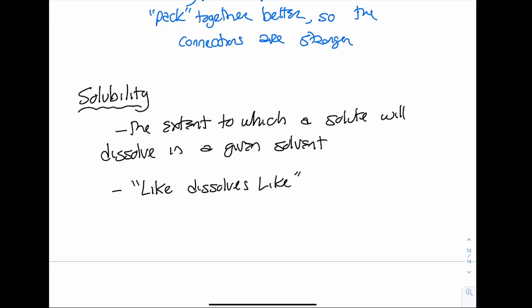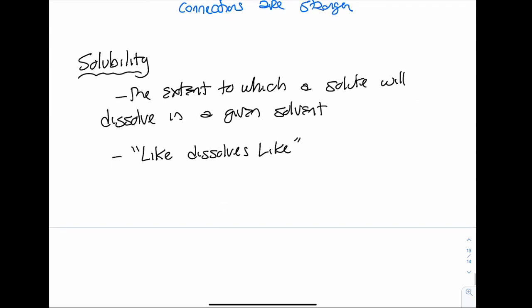So our "like dissolves like" statement comes into play, right? This is the one that says that polar things will dissolve in polar things and non-polar things will dissolve in non-polar things, and polar and non-polar things will not form a solution. They could form a heterogeneous mixture, but not a homogeneous mixture.